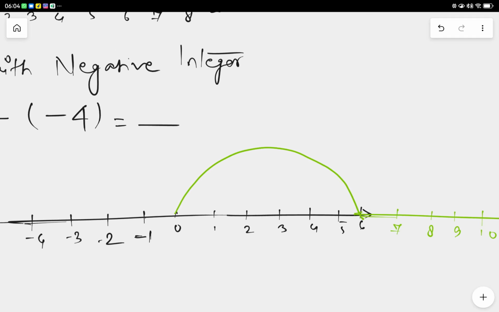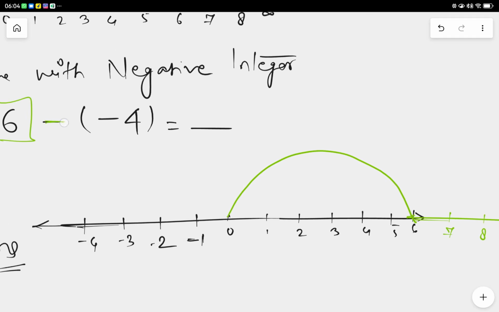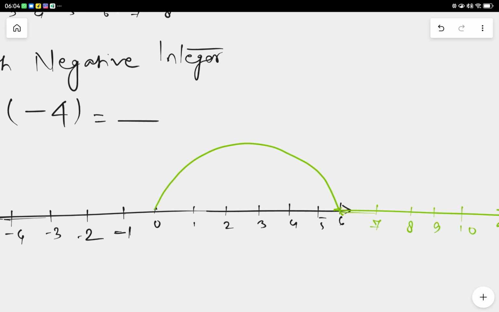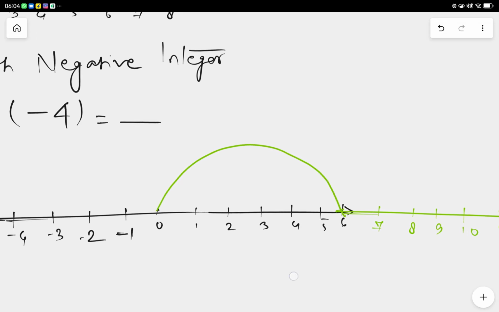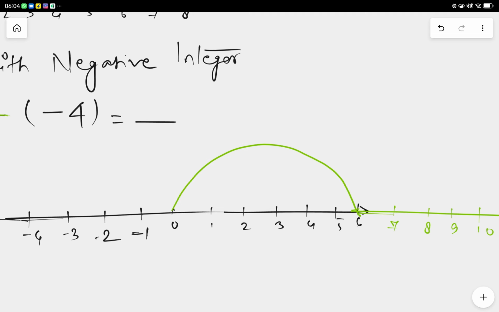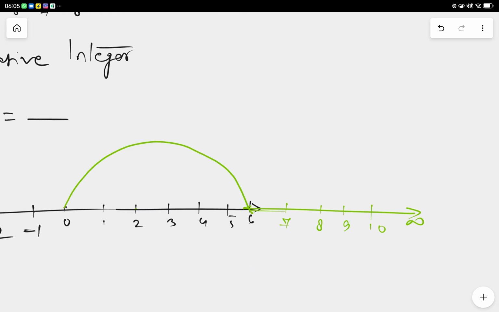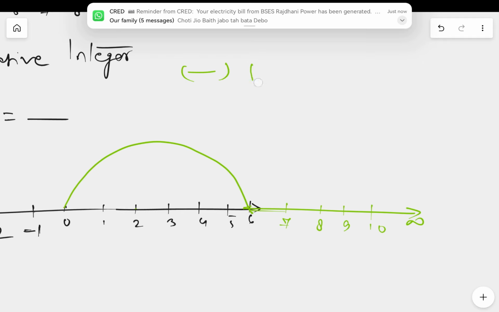And then we have to go backwards -4 unit. But going backwards by 4 units, we would arrive at 2. But whenever somebody asks you to go backwards with -4, that actually means this minus and again minus will make us go forward.